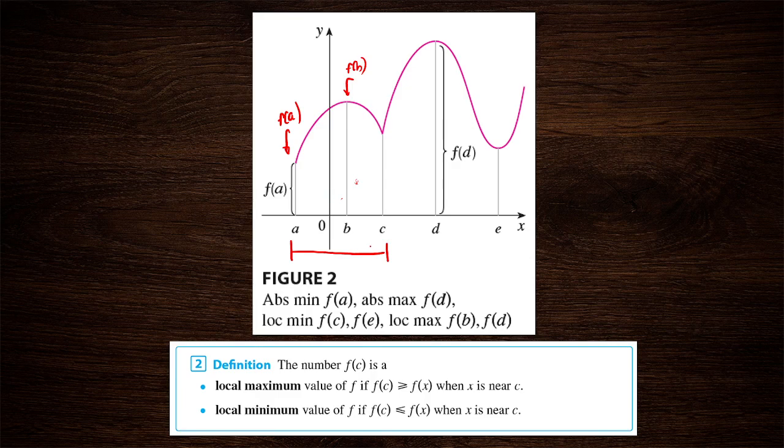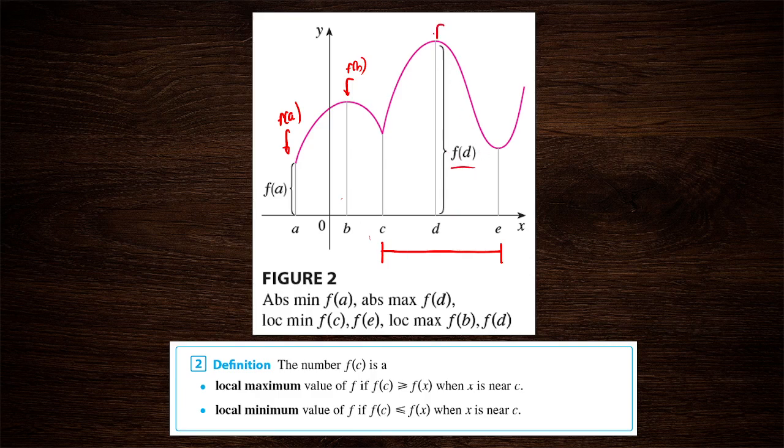And so if we change the interval, let's say from C to E, and we will not refer again to A to C, we just focus on C to E. What we could see is that it has a maximum value at f of d.